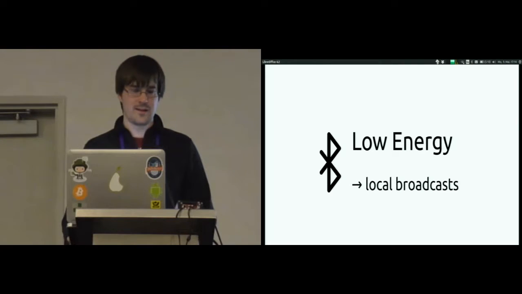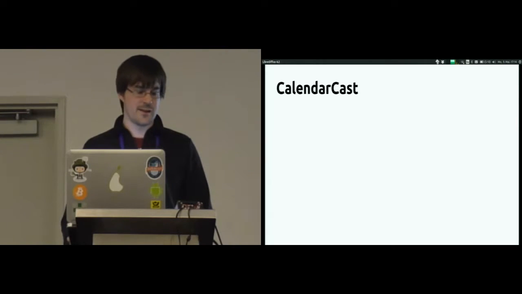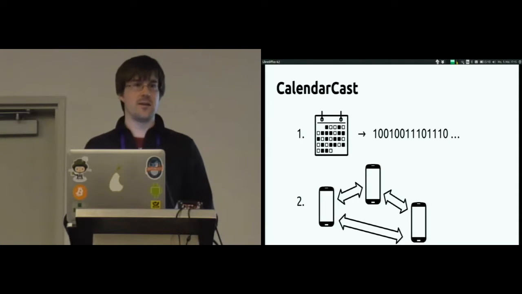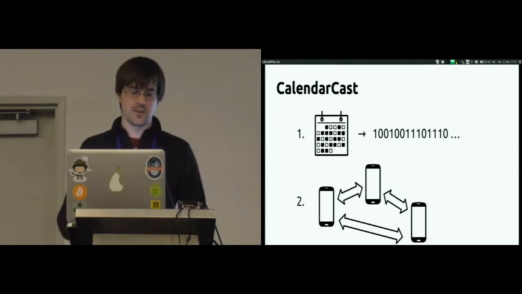So the central idea is that in the first step, we create a bit mask from free and busy time slots in your calendar for a specific time range. And then this bit mask representing your available time slots is broadcast to the other participants using Bluetooth Low Energy. Let me briefly show you a video of how this works.